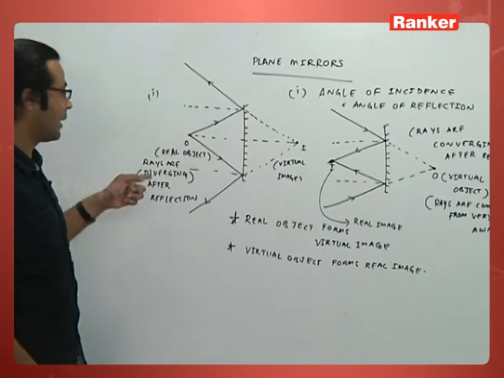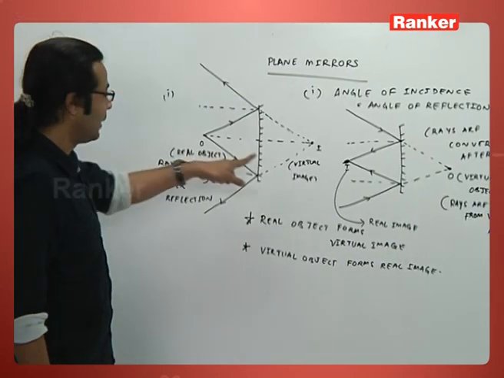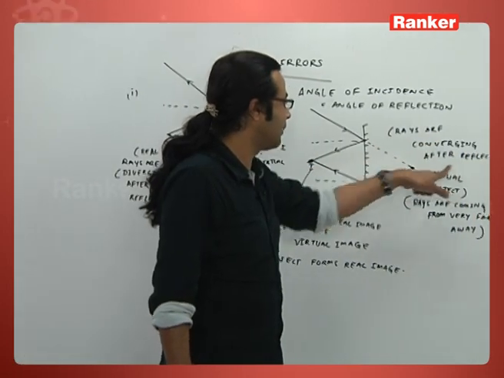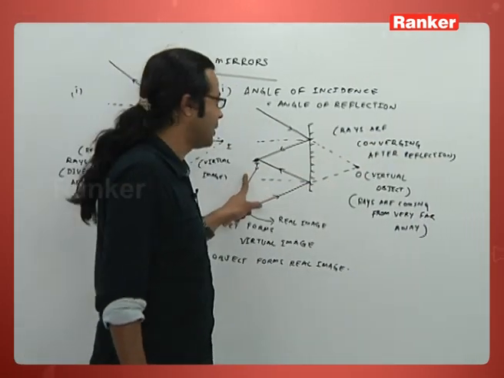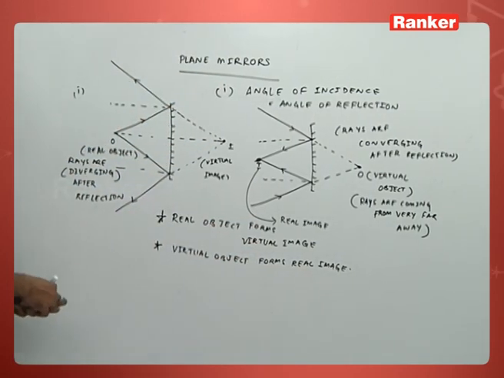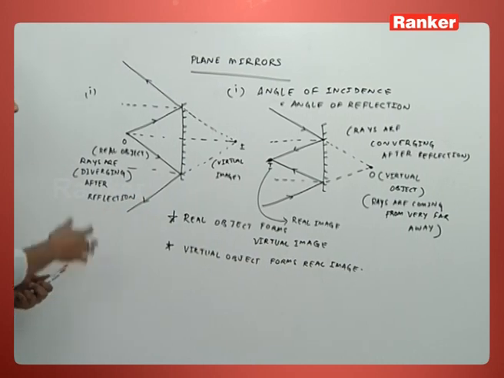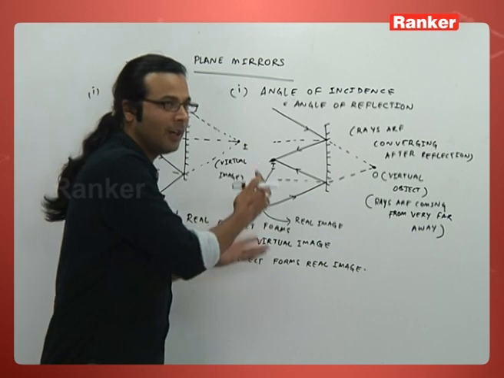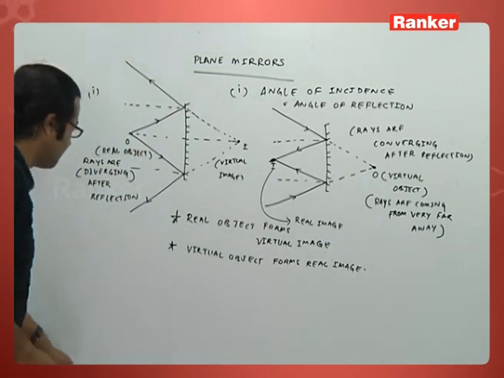So here the rays are diverging after reflection, a virtual image is formed. Here rays are converging after reflection, a real image is formed. So this is the basic way of explaining the plane mirror, and all the definitions and problems we will come across with plane mirrors will involve a lot of phenomena like this.